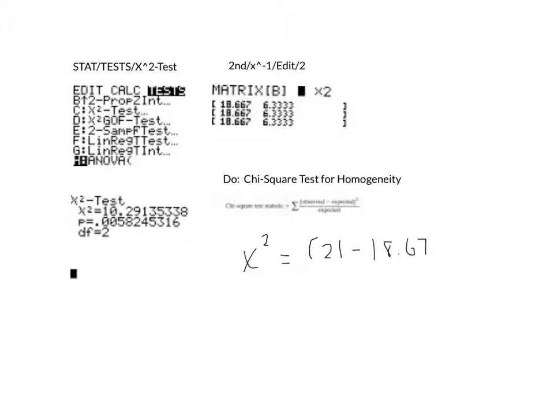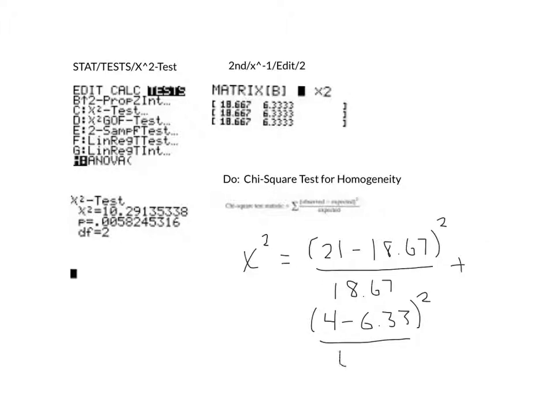Square that difference and divide by that expected value. And we need to continue to do that for the other observed and expected. So if I go across the top row, for the Apple Zooties, I observed 4. I expected 6.33. I have to square that quantity and then divide by 6.33.